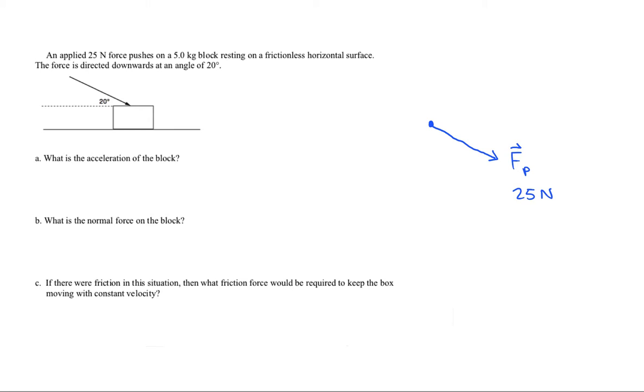Now I'll draw the weight of the block. The weight will be directed downward, and it's going to be 5 times 9.8, so it's going to be 49 newtons, according to the weight formula.